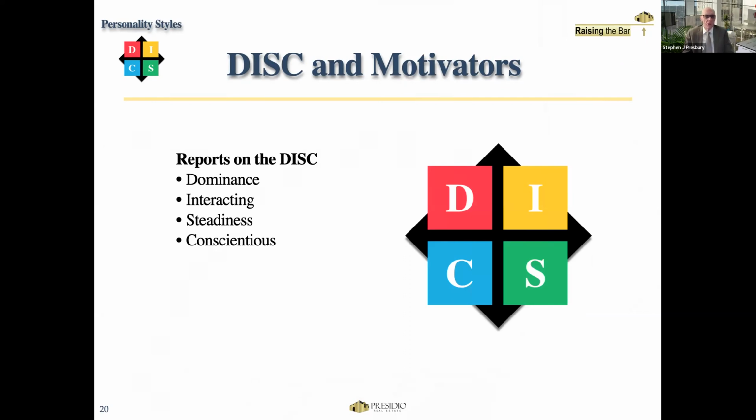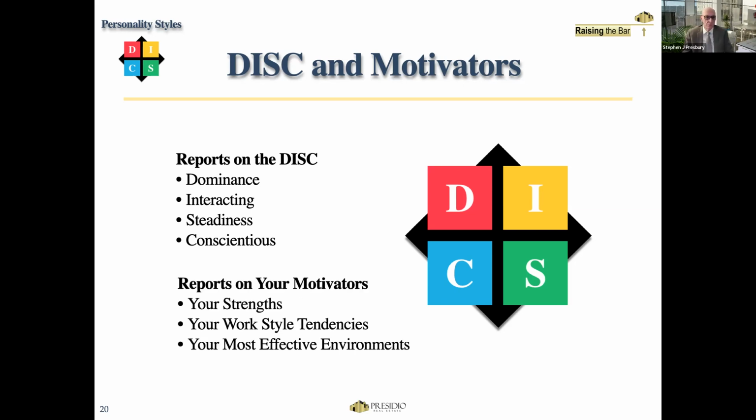The reports on these DISCs will give you an evaluation of where you are in these 4 different quadrants. It'll work on your strengths, it'll work on your tendencies, and it will talk about how you are effective with environments. The DISC test probably takes about 20 minutes, quite easy to do.